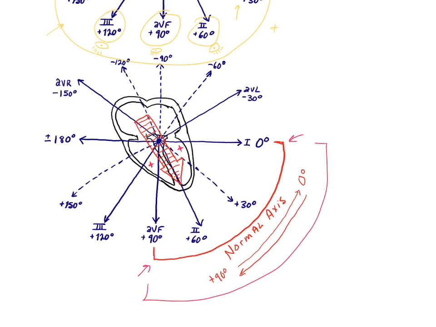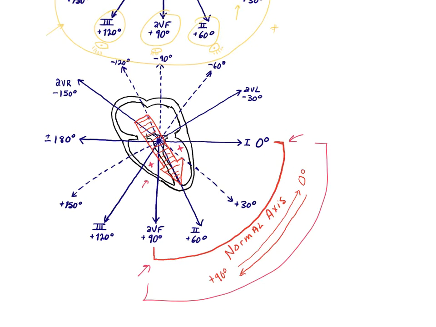Or maybe the left side gets very large, like large hypertrophy, for example. So there's more depolarization occurring, that arrow's going to shift up toward that way, right? Or let's say I have lots of hypertrophy on the right side, and it gets enlarged, and there's more depolarization occurring there, then that arrow is going to shift to the right.